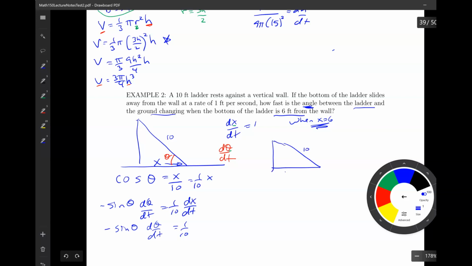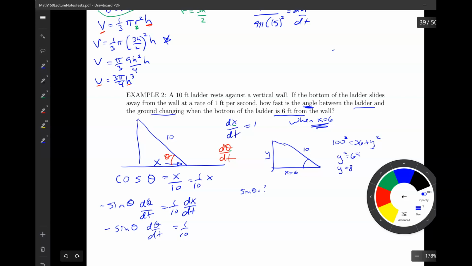If I put in x equals 6 here, do you think I can find out what sine of theta is from this triangle? I think I can find out what this side is, right? So I have 100 equals 36 plus y squared. That means y squared must be 64, so y is equal to 8.